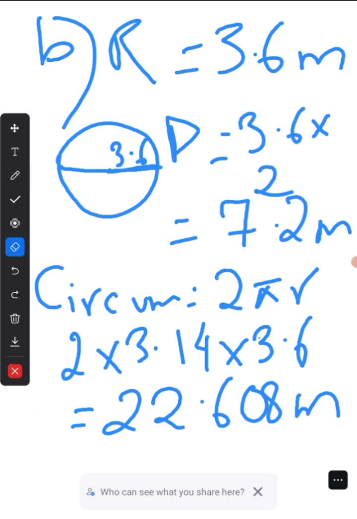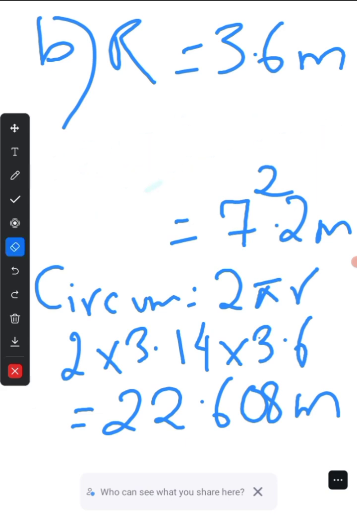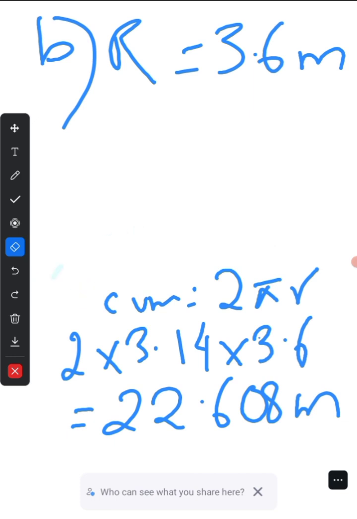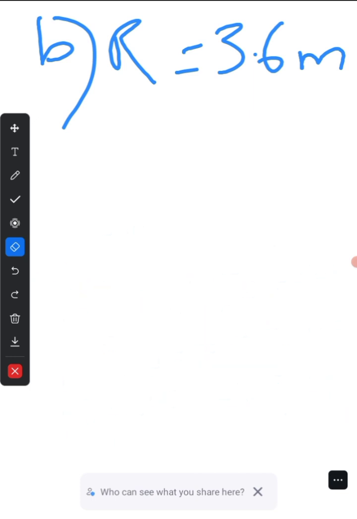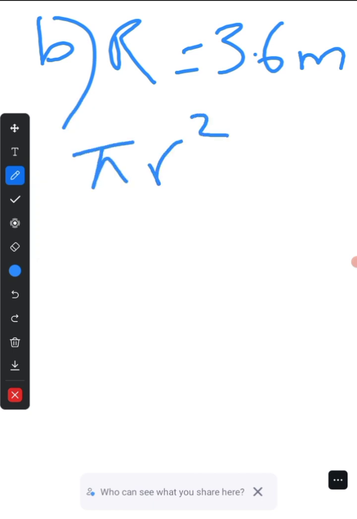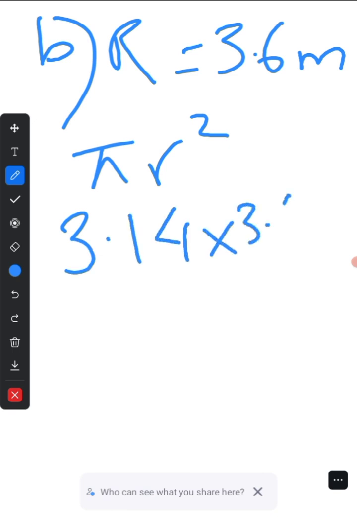Let's talk about the area of a circle now. We had pi r square as the area formula. So pi is 3.14, the radius is 3.6, and we will be doing a square of that.